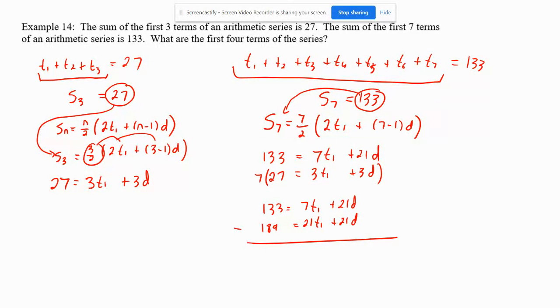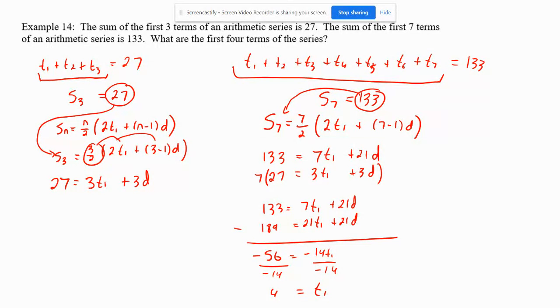Subtract: 133 minus 189 is negative 56. 7t1 minus 21t1 is negative 14t1. The d's cancel out. And now if I divide by negative 14, I get 4 equals t1. Okay, so we've solved for t1.